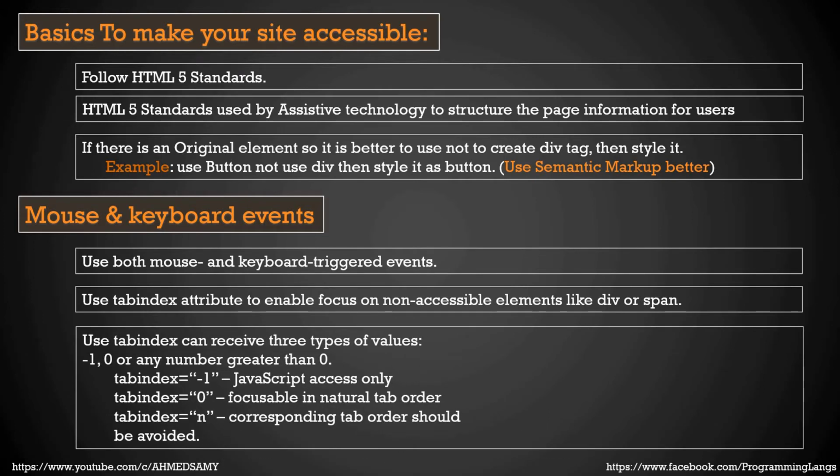Okay, tabindex could receive three types of value. -1: you use it especially if you would like later to change the focusability of the element using JavaScript. Tabindex 0: it will be focusable by nature. Some of the elements already have tabindex 0 by default. Tabindex of a number will change the order of the tab of the focusable elements.